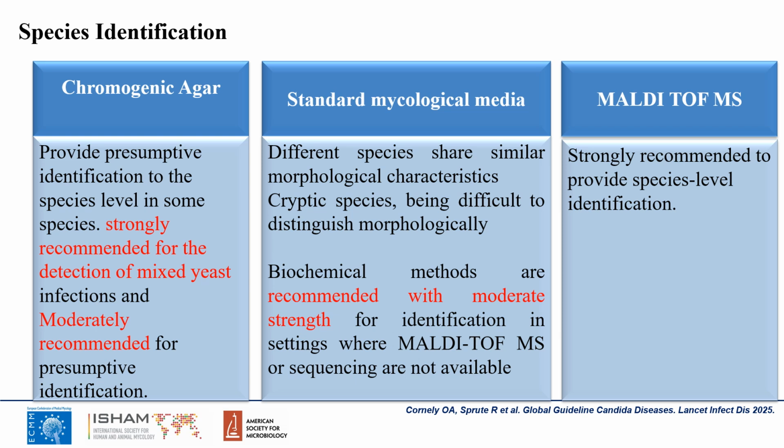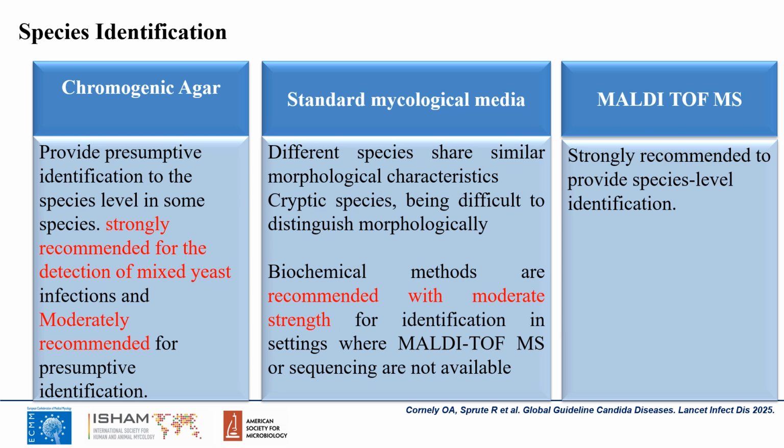For example, Candida dubliniensis also produces germ tubes. So just by identifying these morphological features, we cannot give the identification of the Candida species, and therefore these media are not recommended in routine microbiology labs for confirmed identification of Candida species.